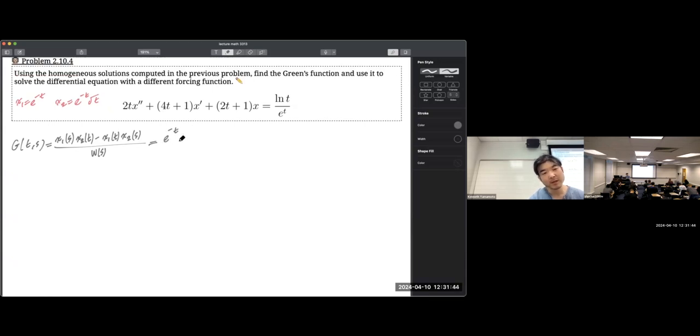So this is x1 at s, so e to the negative s, multiplied by x2 of t, which we leave as e to the t square root of t, minus x1 of t, so e to the negative t, times x2 of s, which is e to the negative s square root of s, all over the Wronskian.